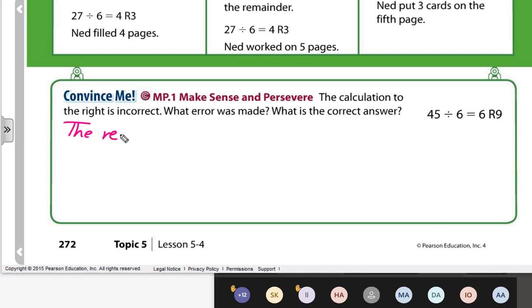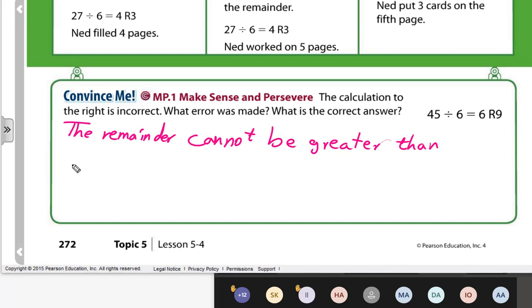The remainder cannot be greater than the divisor. And as you can see, 9 is more than 6, so it's wrong.